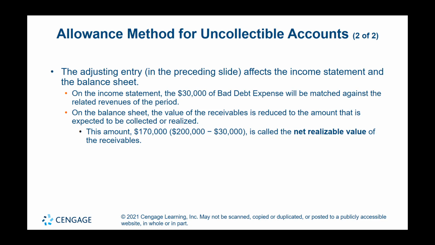What type of account is the allowance for doubtful accounts again? It is an asset account, but it is a contra asset. So it's the same as an asset, however, it reduces assets. Allowance account goes on the balance sheet, the net of accounts receivable and allowance for doubtful accounts.